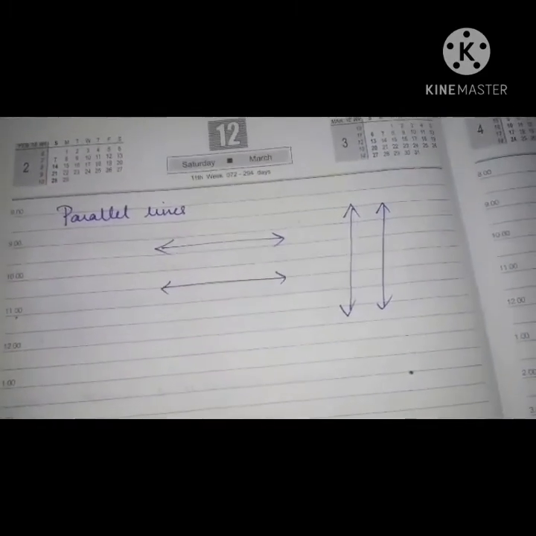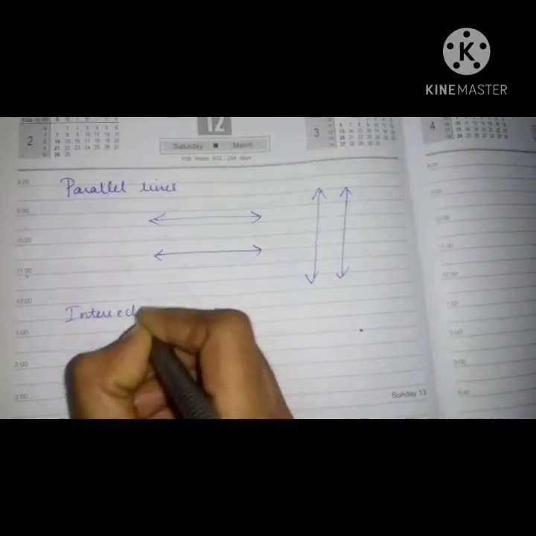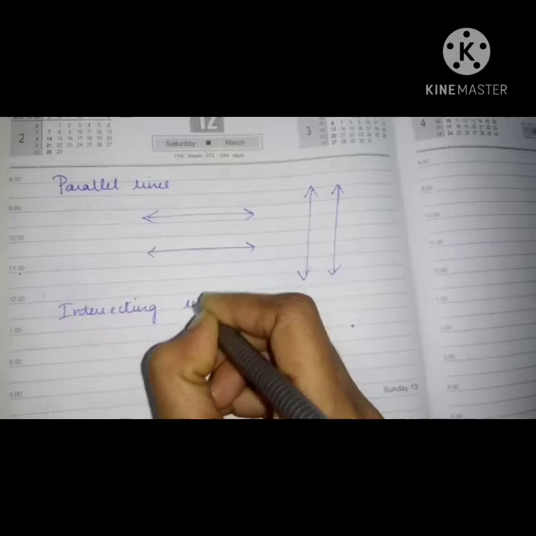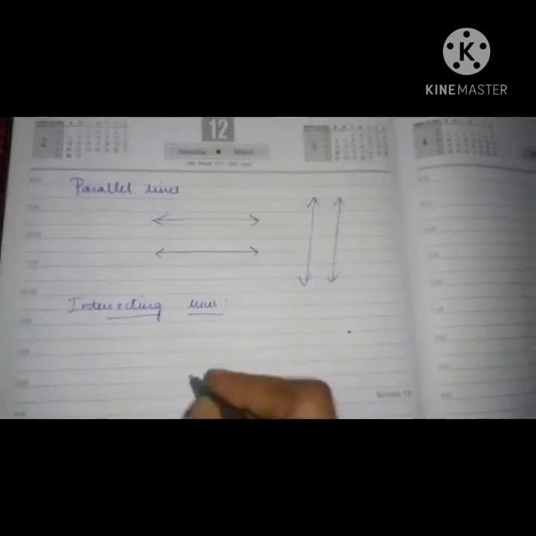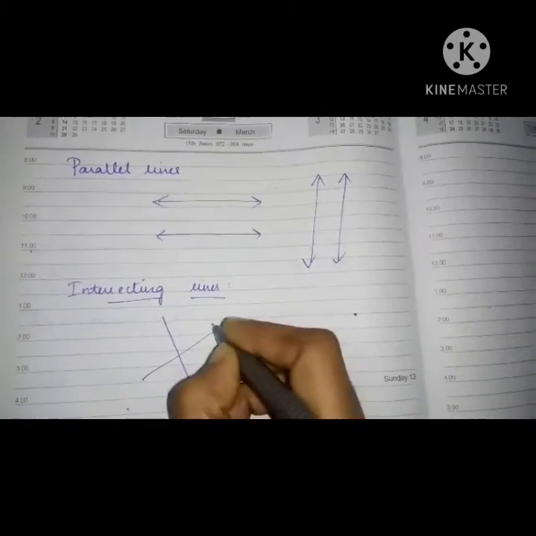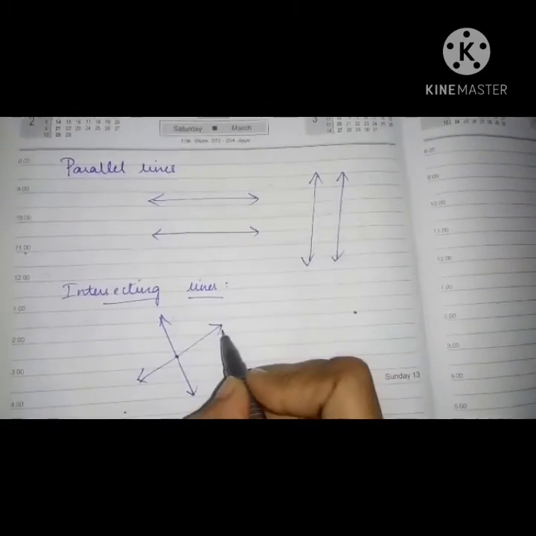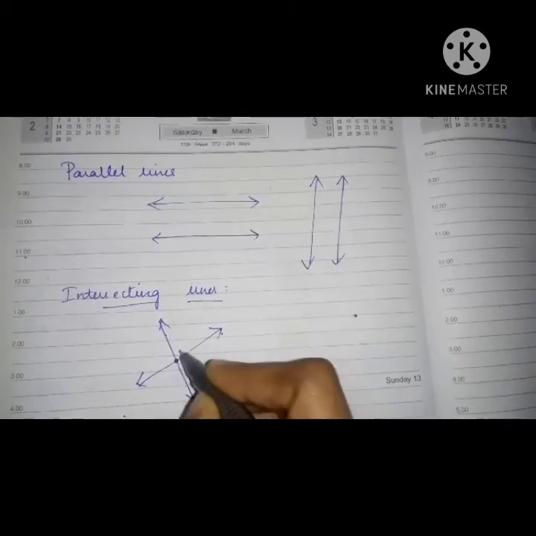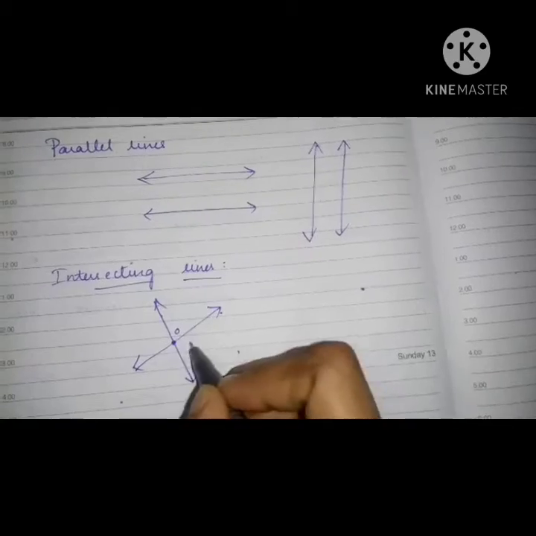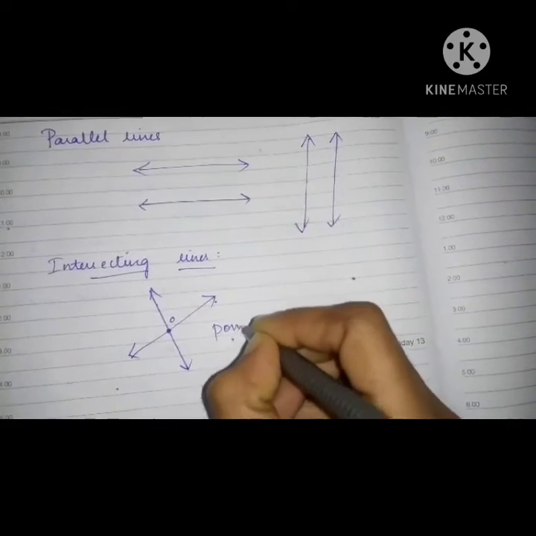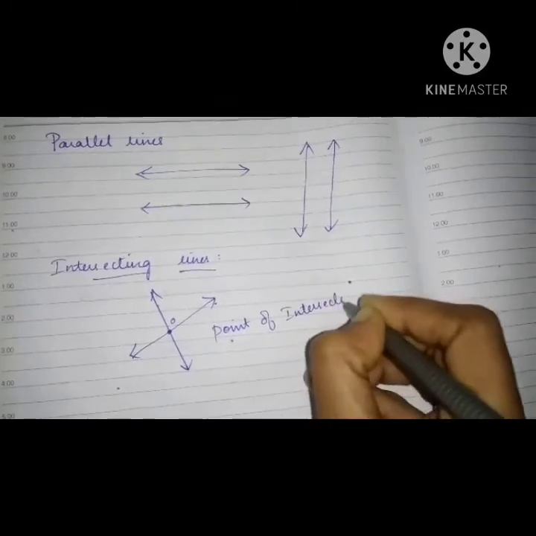Okay. Next concept is intersecting lines. There will be two lines which touch each other at a point. This is one line, this is another line. They touch each other at this point O. The point at which they touch each other is called the point of intersection.